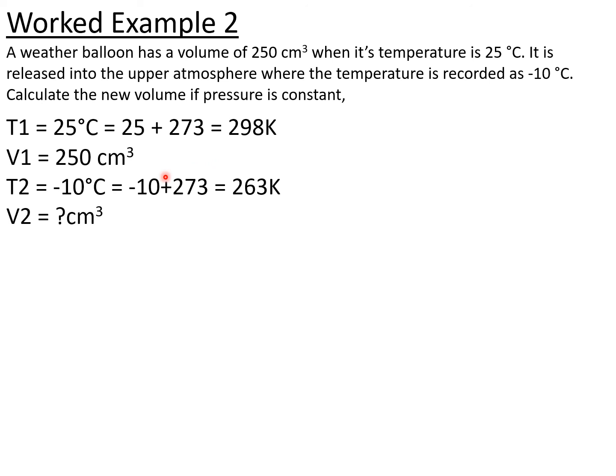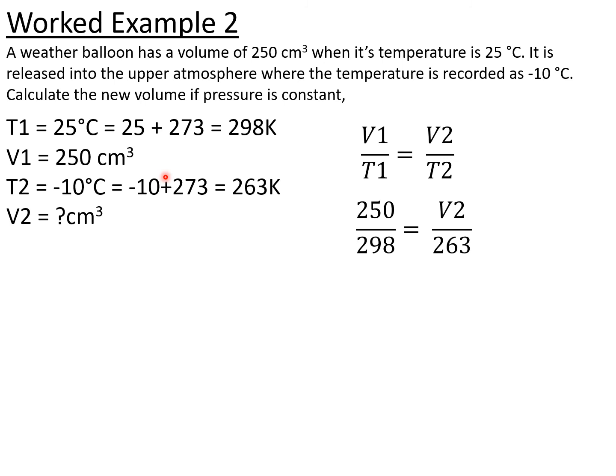So again, we write down our equation, we plug in our numbers, and again, if we're not sure how to rearrange this, although this one is a bit easier than the other one, we work out what we can and then rearrange what's left. So I would work out this part of the equation again, which gives you 0.838. Now again, I've not rounded it, I've just taken the first three numbers there to show you what it is.